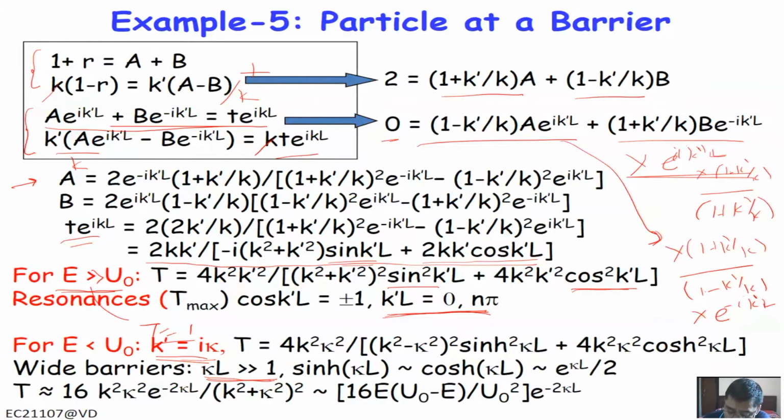And for a thick barrier, you can write sine hyperbolic and cos hyperbolic as e to the power kL, whole thing divided by 2.